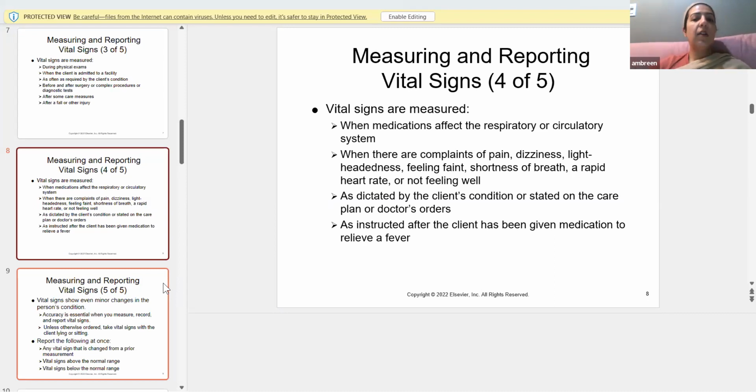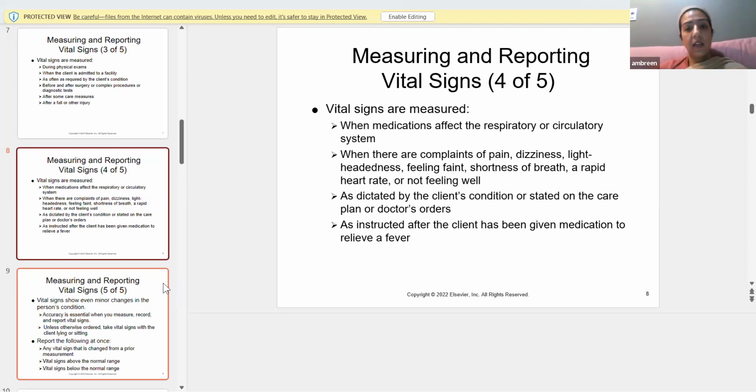If you feel dizzy, your blood pressure would be low. Lightheadedness, same thing, low. Feeling faint, your blood pressure will again be low. Shortness of breath, your SpO2 should be low. Rapid heart rate, your pulse will be high.